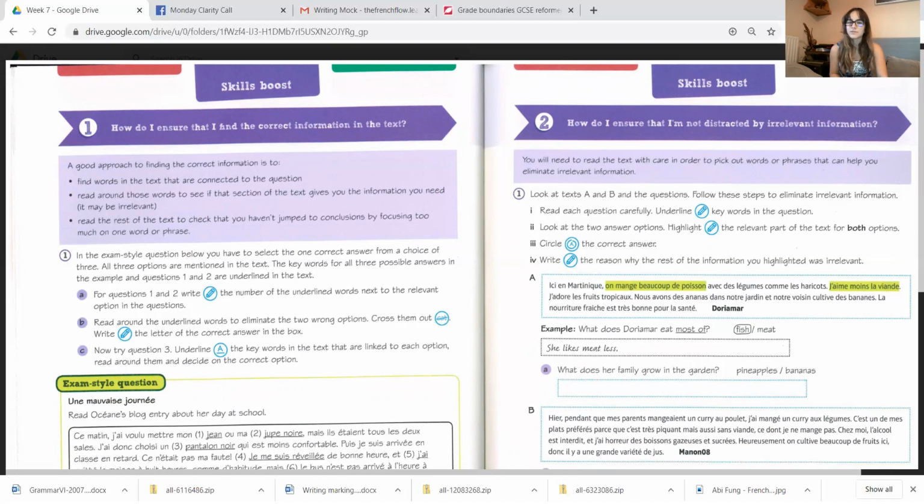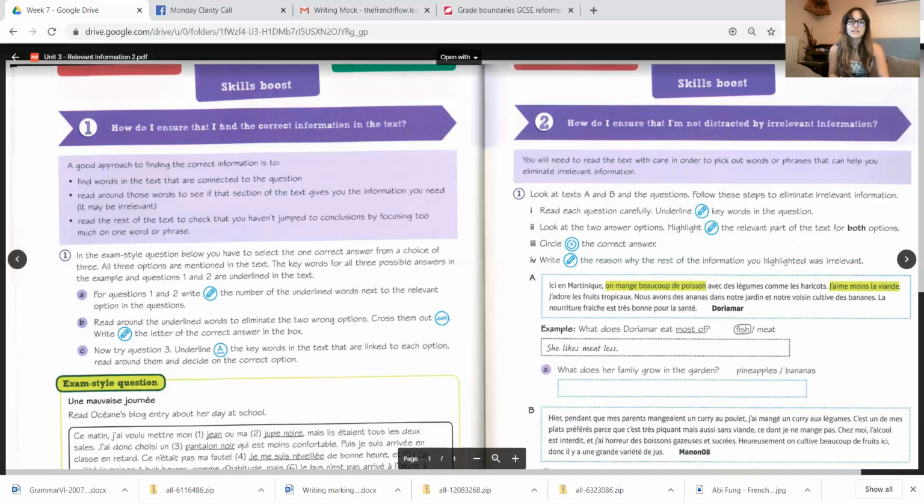Maybe the person is different, maybe the positive or negative, maybe the modal. Maybe it could be I like tennis but I can't play it, therefore you need to know your modal verbs and all these kinds of things. So be very careful at higher level about the little words, because they're the ones that are going to make the difference, really.